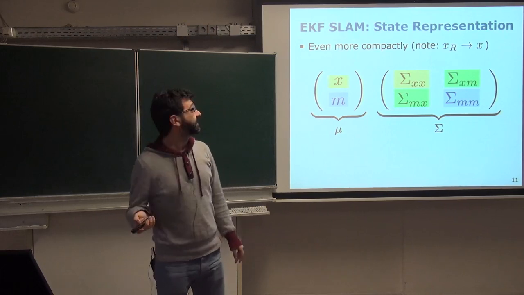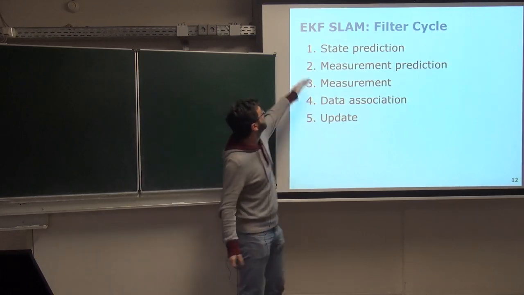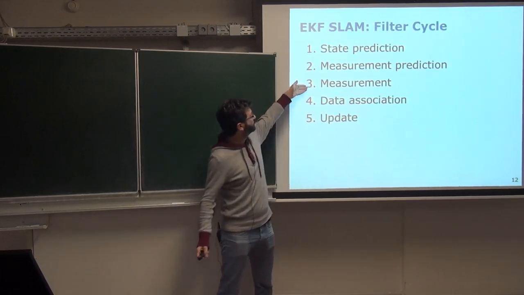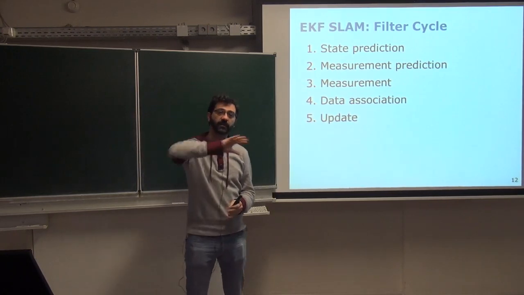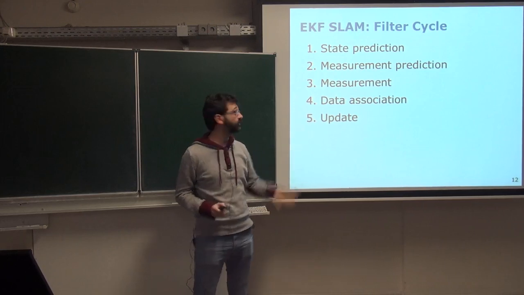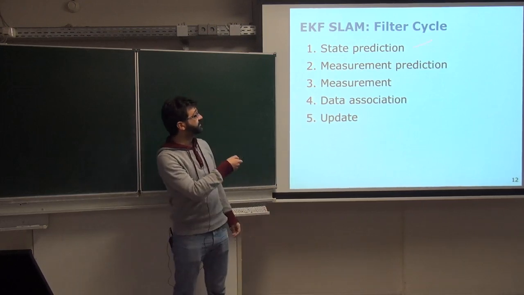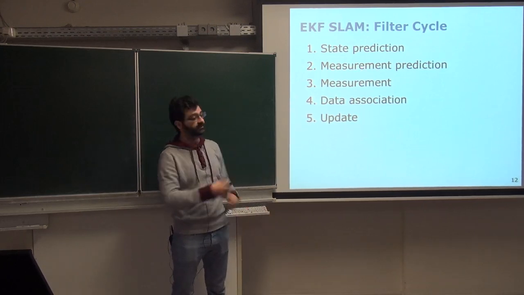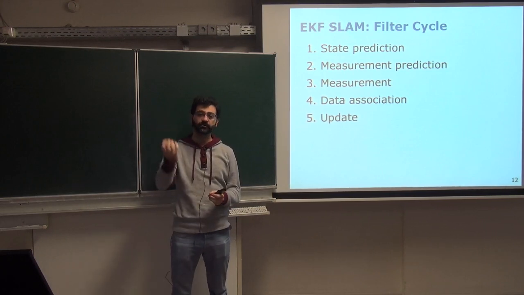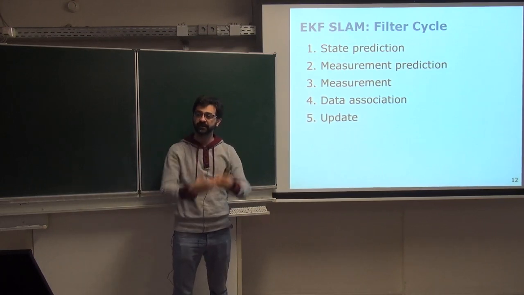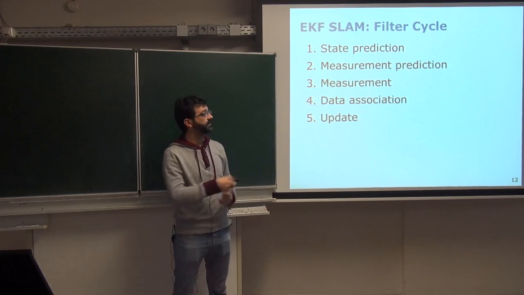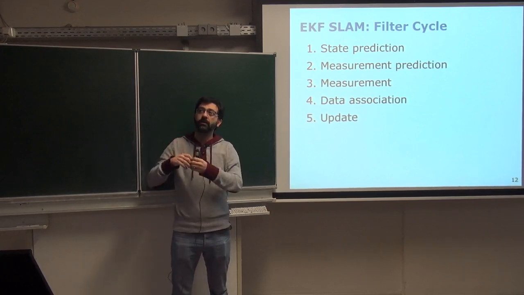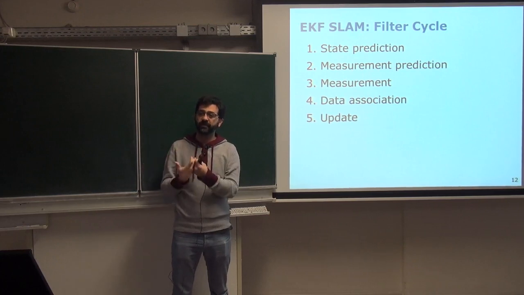So if we get back now to the Kalman filter, we have a cycle made by these 5 points, which also resembles the same 5 lines of code that you've seen before. The first thing that we do is we predict the state. We are at a certain point, we get some motion command, and we predict the state after the motion. We do a prediction of the measurement, so we know how a measurement from the state space should be seen.